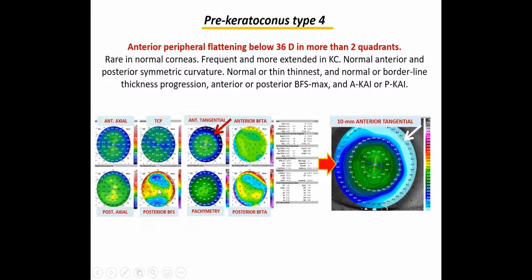She has a little yellow at the center, but not the fried egg pattern. She has some asymmetry in the BFTA, but no lump here, and you have only an astigmatic toric cornea at the center with a stretching in the periphery.